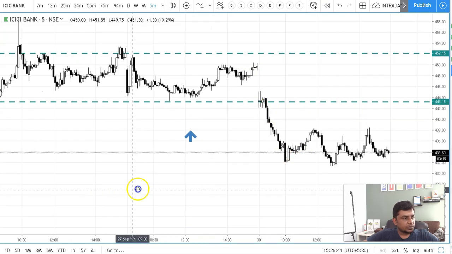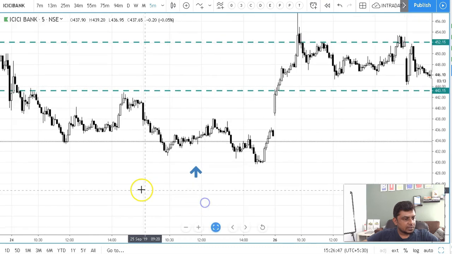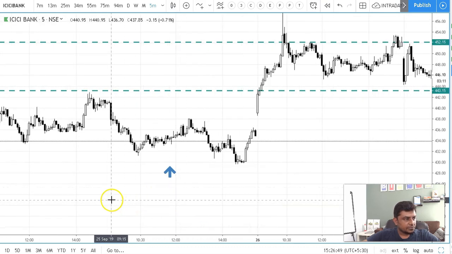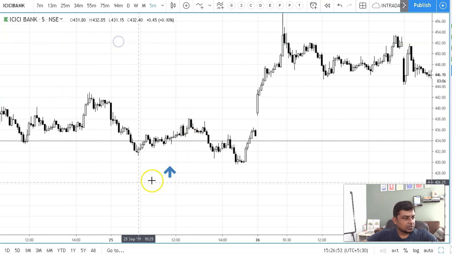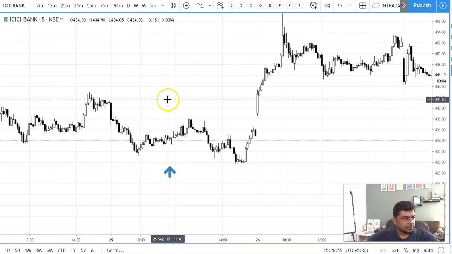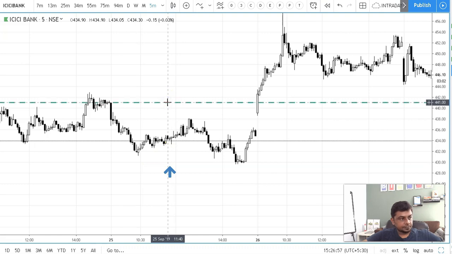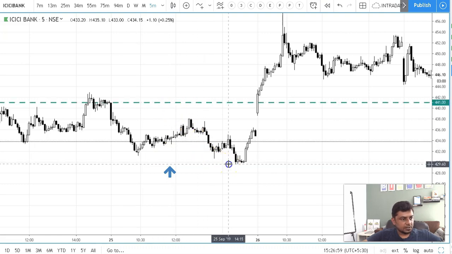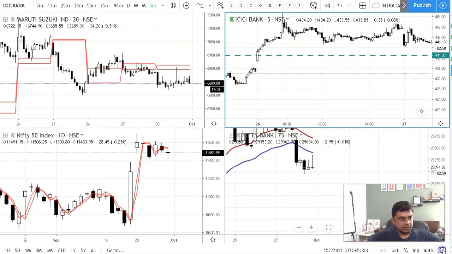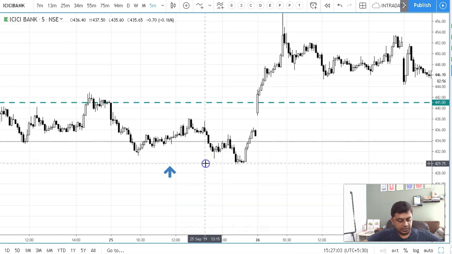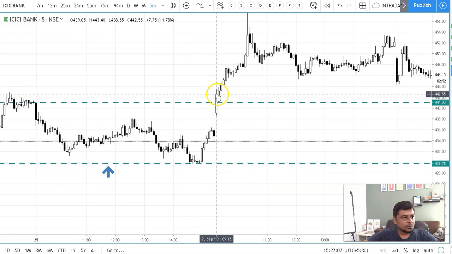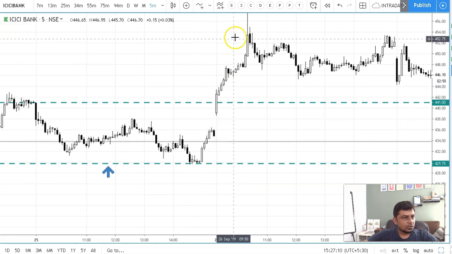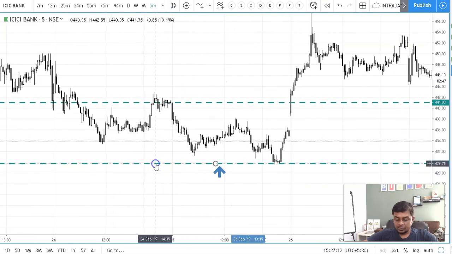So this was the trade today, and if you look at this other day on the 25th, let me remove this. The 25th started here, and this was the range. So the next day, even the first candle closed above, so that is when you can just go long.